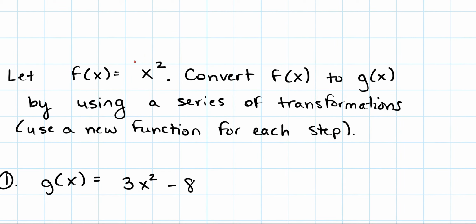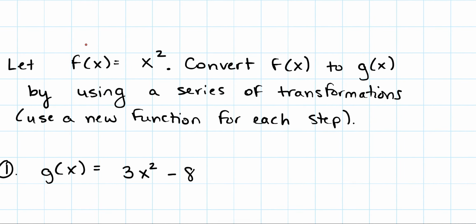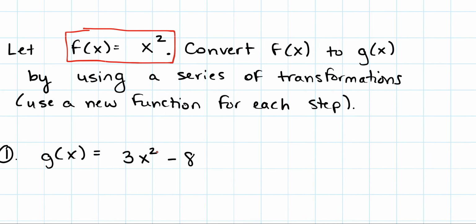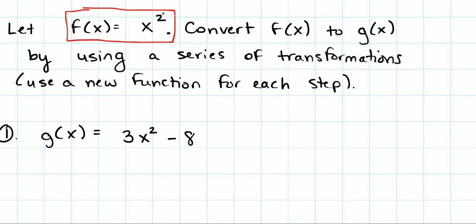Let's use a different function. Suppose we have that f of x is equal to x squared. Let's convert this function to g by using a series of transformations, and I want to use a new function for each step. So I want to make this function look like g. Okay, so we're going to define our first function, f1 of x. What can I do to this?